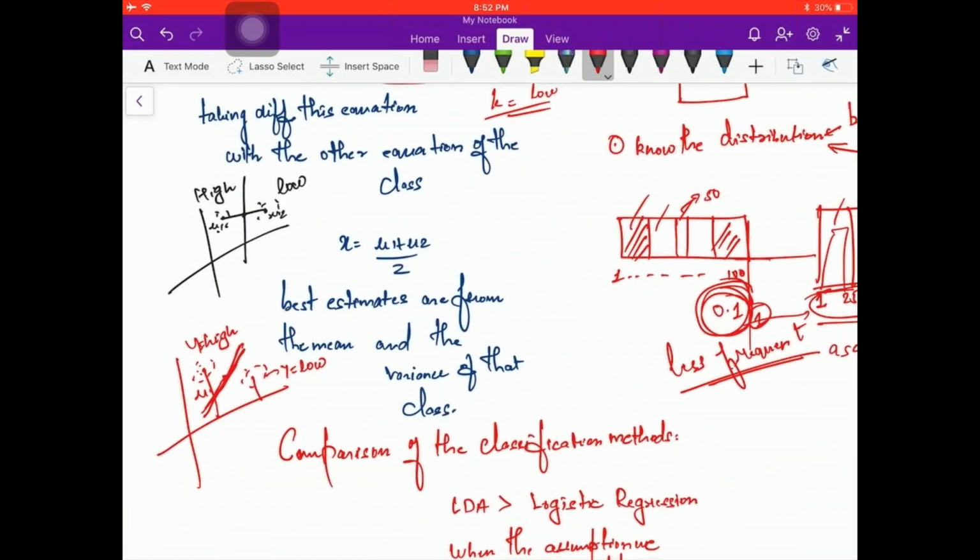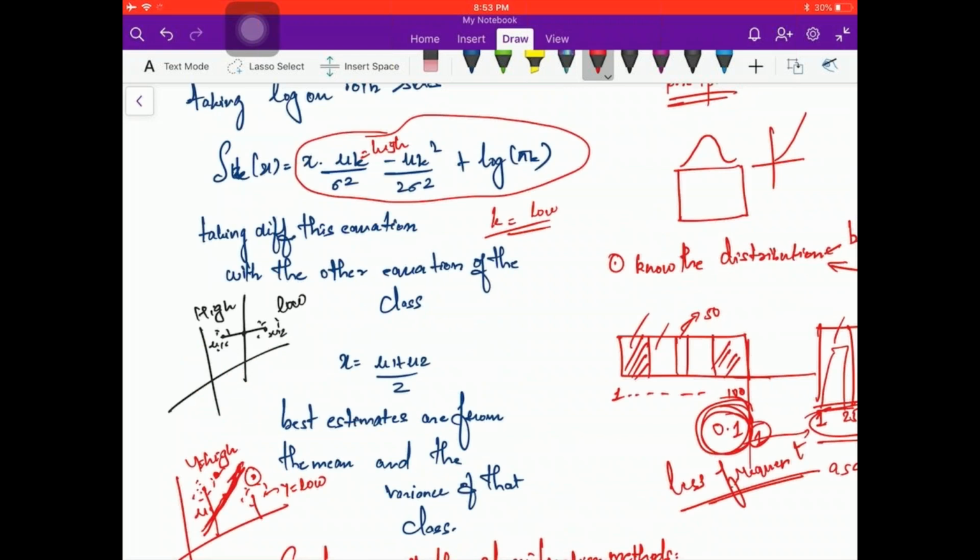It means that the point should be lying on this line, right? Here, the probability of this point falling in high is higher. Here, the probability of this point falling in low is higher. On this line, all those points which have an equal probability to go on either side will be lying on that line.